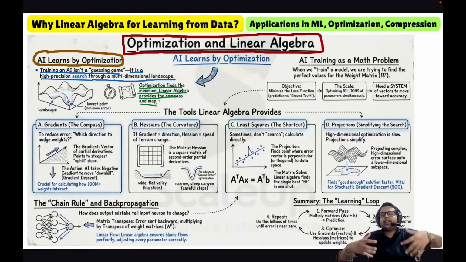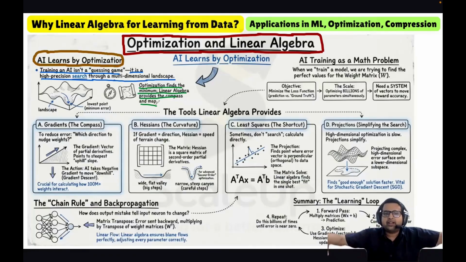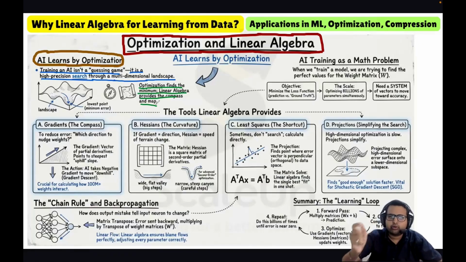So training an AI model is basically a high precision search through a multi-dimensional landscape. Optimization is the process of finding the lowest point in that landscape. And linear algebra provides the compass, the map, the tools to find the lowest point.